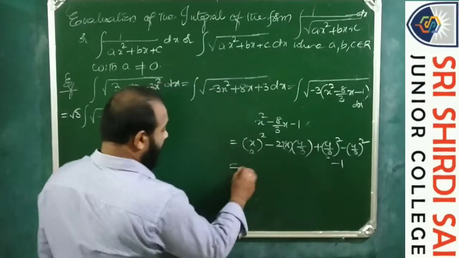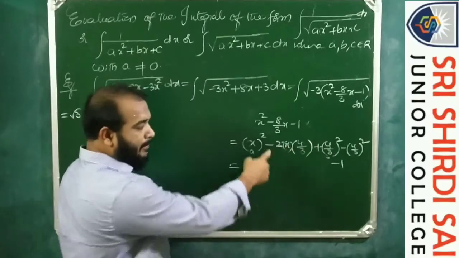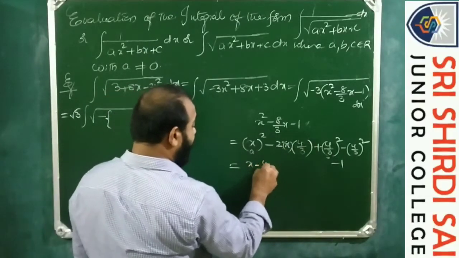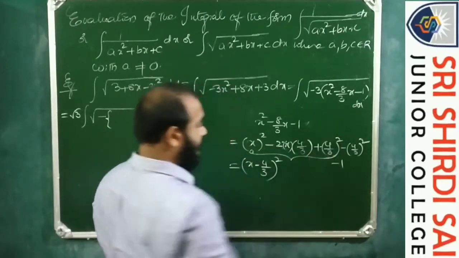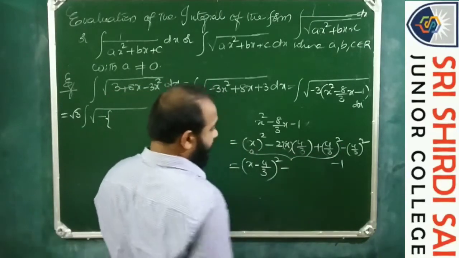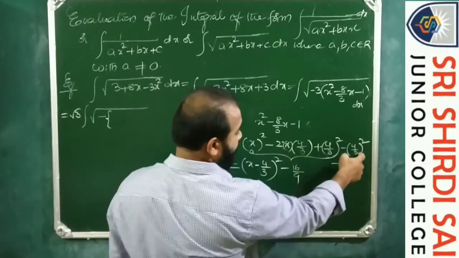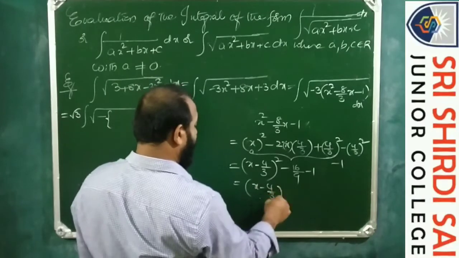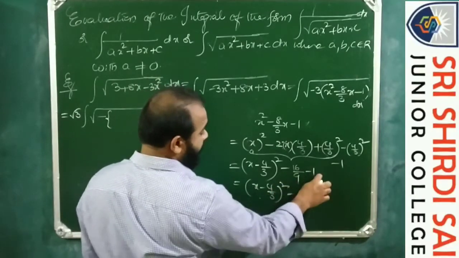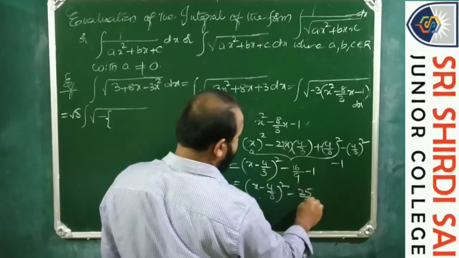Now a square minus 2ab plus b square is a minus b whole square, so this is x minus 4 by 3 whole square. Then minus this: 4 by 3 whole square is 16 by 9, minus 1. So this is x minus 4 by 3 whole square minus, 9 ones are 9, 9 plus 16 is 25 by 9.